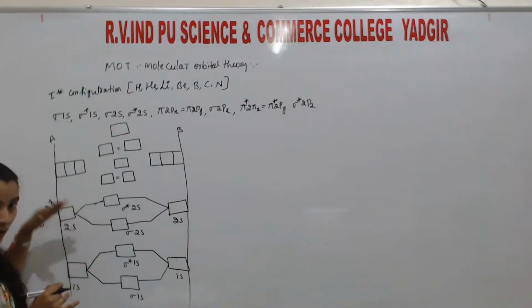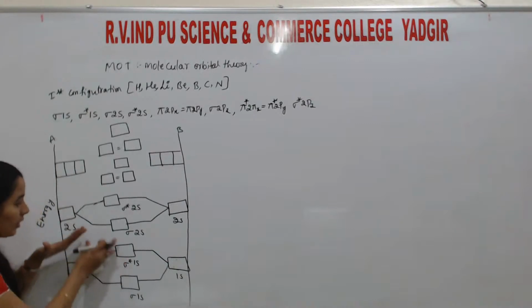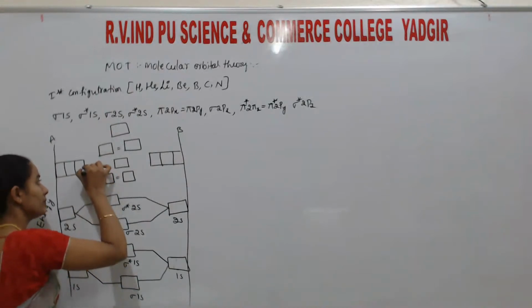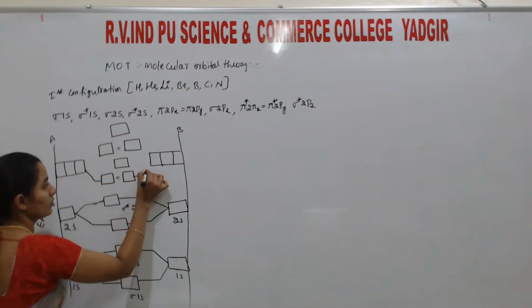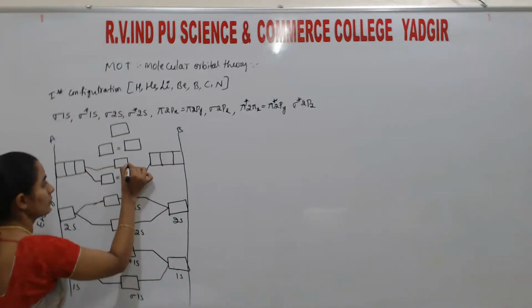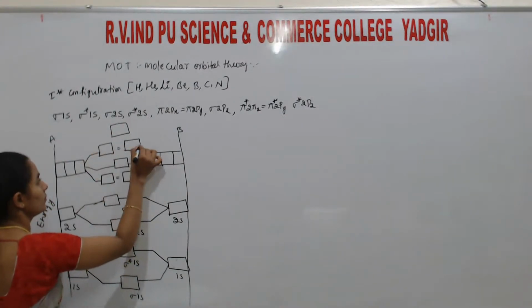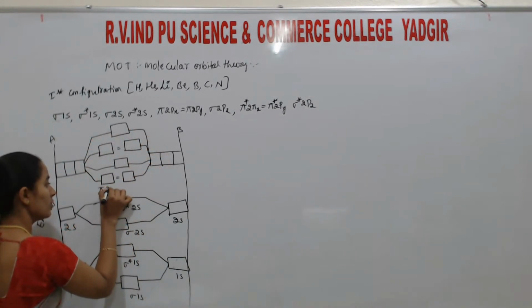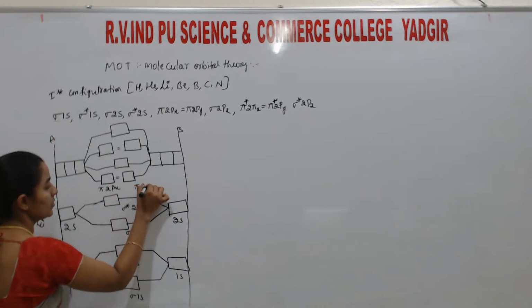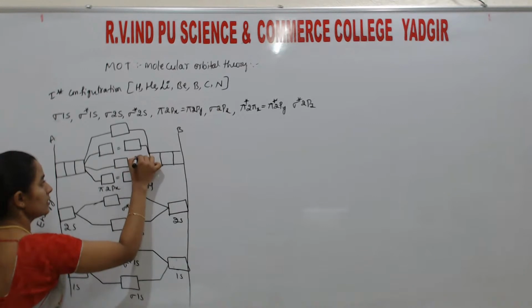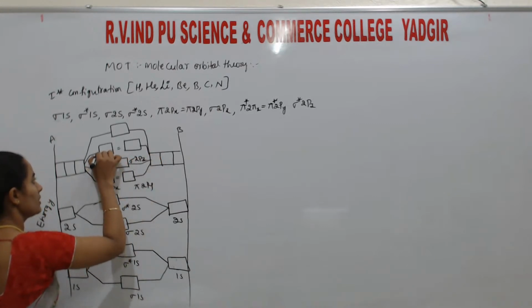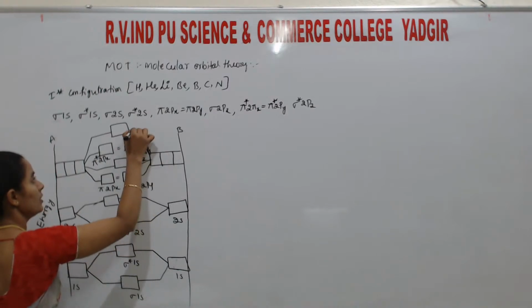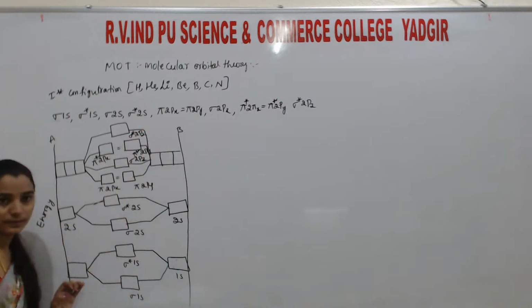This is the increasing order of energy level. That's why I am writing 1s here, 2s here, 2p here, later 3s, 3p, the same. So here, this one is pi 2px, this one is pi 2py. This is the sigma 2pz set, then pi star 2px, pi star 2py, sigma star 2pz set.